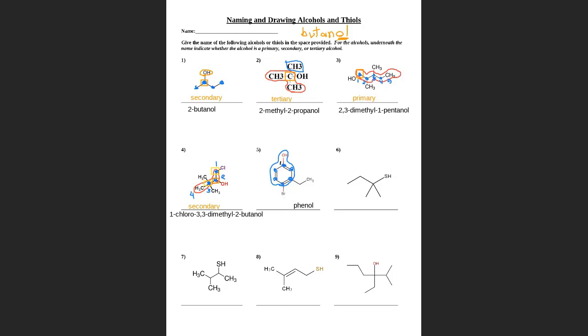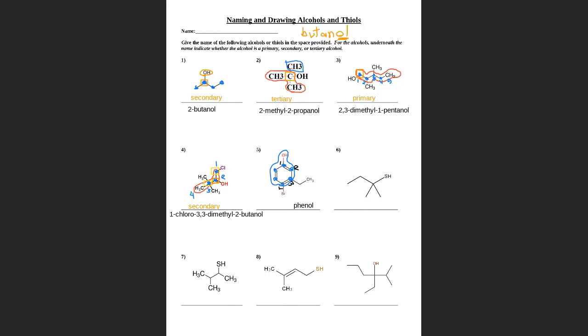So then I only really have 2 choices as far as numbering here. I can either number clockwise or counterclockwise. Which way should I go? Clockwise, in this case, because that'll give you lower numbers, right? If I go the other way, it'll be on 4 and 5. If I go this way, the branches will be on carbons 3 and 4.